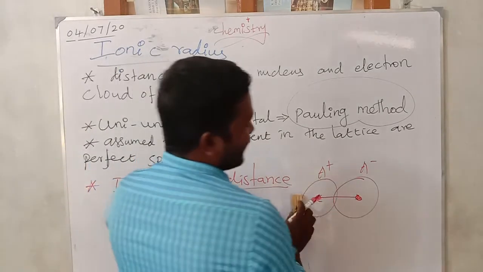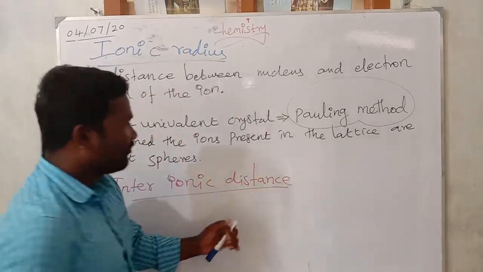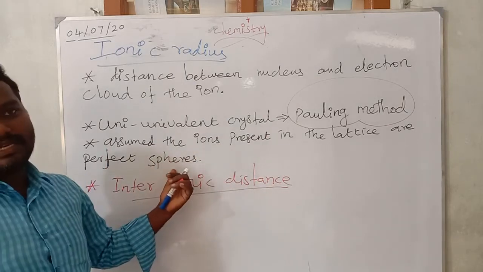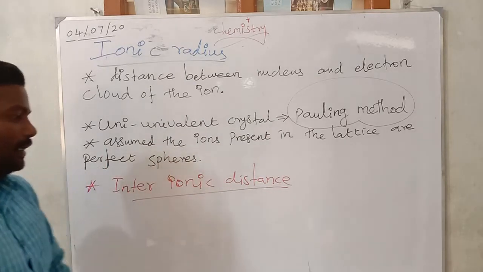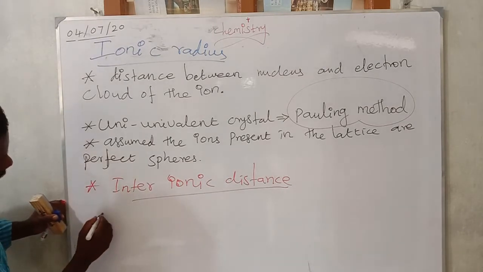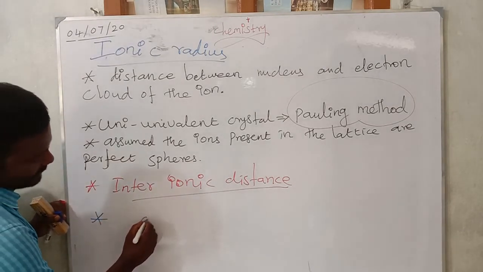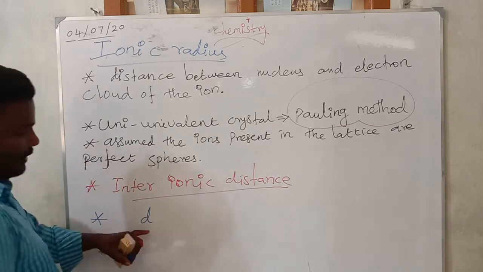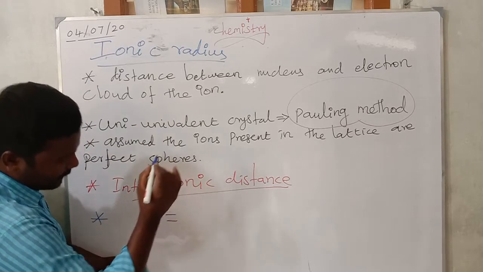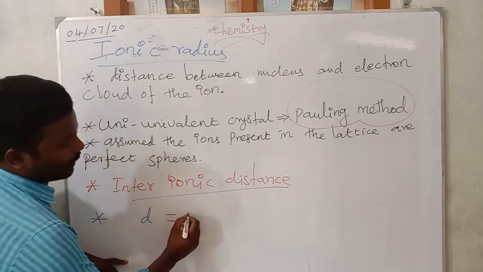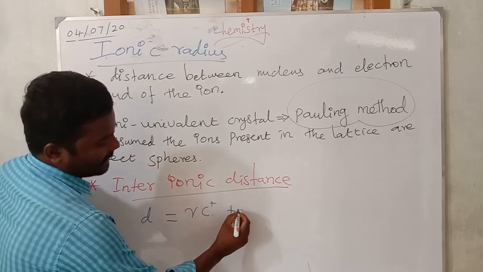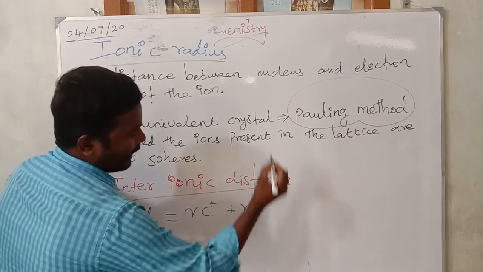By using the interionic distance, because he assumed the atoms are perfect spheres, we can draw that, or we can write the new formula according to the Pauling method. The distance between the ions, the interionic distance denoted with D, is equal to the radius of cation plus the radius of anion.